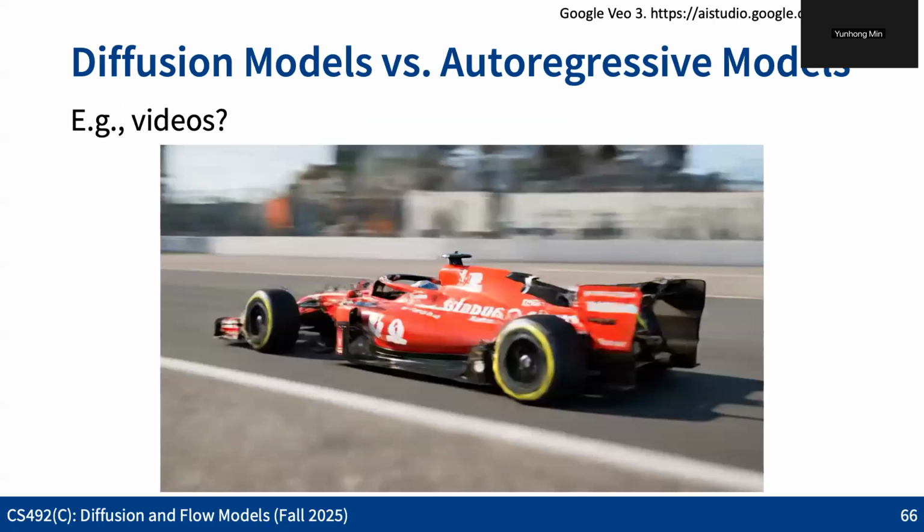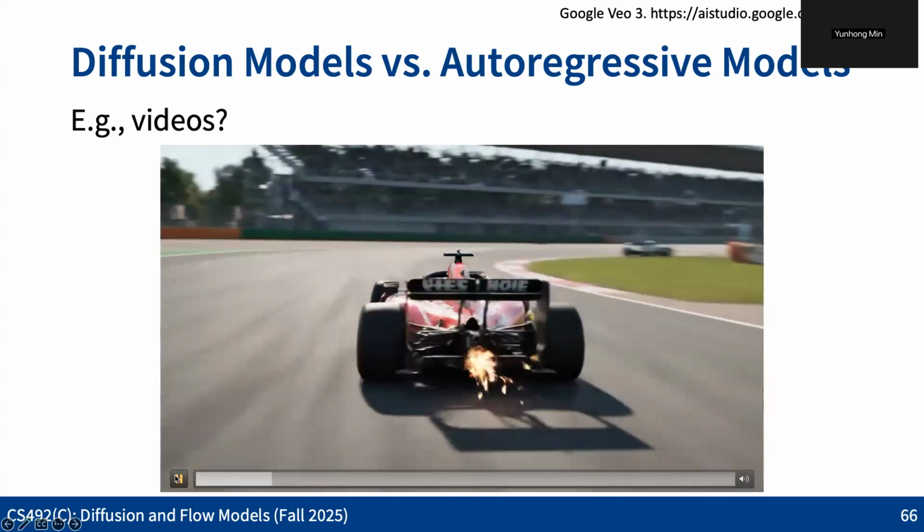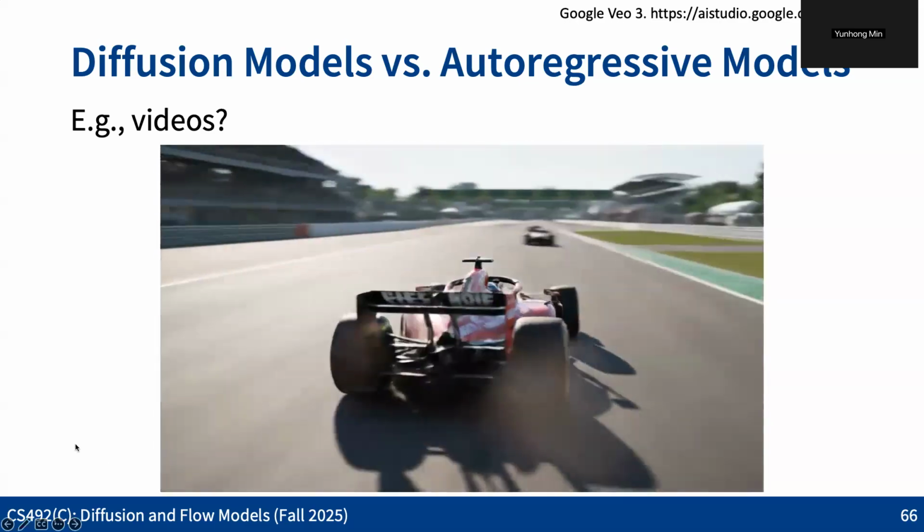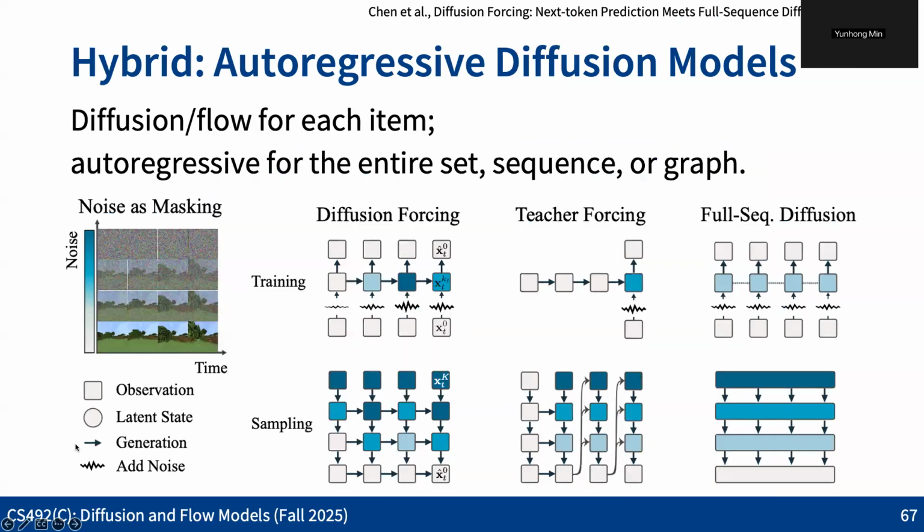And also for video generation, videos might be an interesting example, because if we see every single frame, these are basically images, right? So we know that diffusion and flow models might be the best.